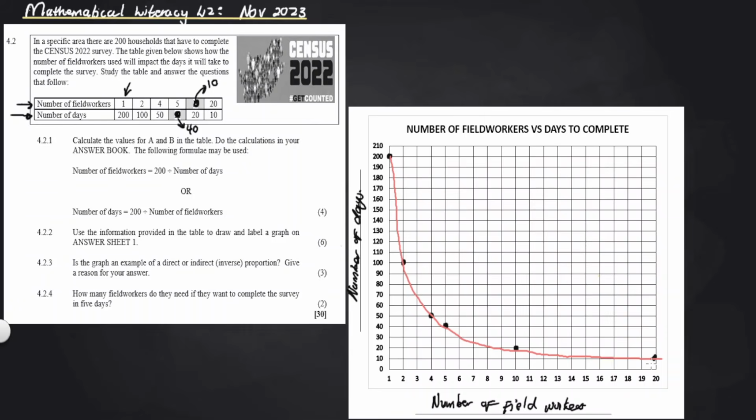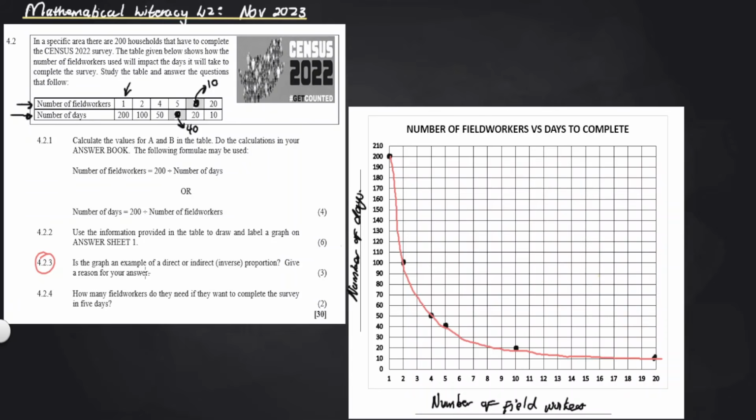But for this one, it was just a matter of giving a plot. That's it.